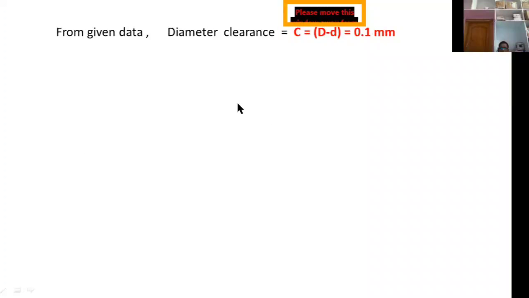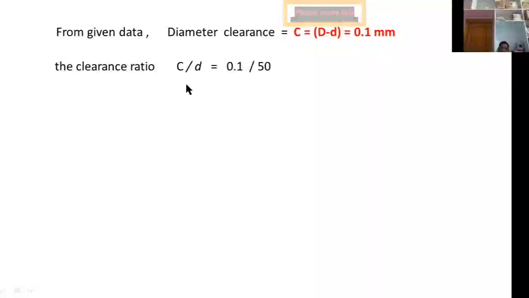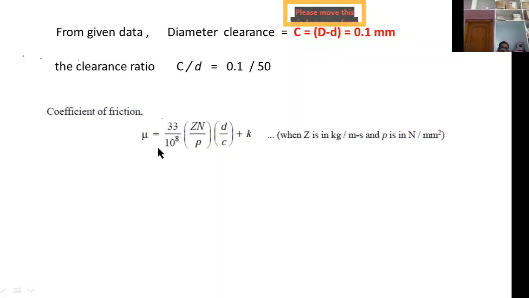From given data already capital C, diametral clearance is given, that is 0.1 mm. And by using this value you have to find the clearance ratio, that is C by D. Capital C equal to 0.1 and small d also given, that is 50 mm. So C by D value equal to 0.1 by 50, and we know the expression for coefficient of friction.